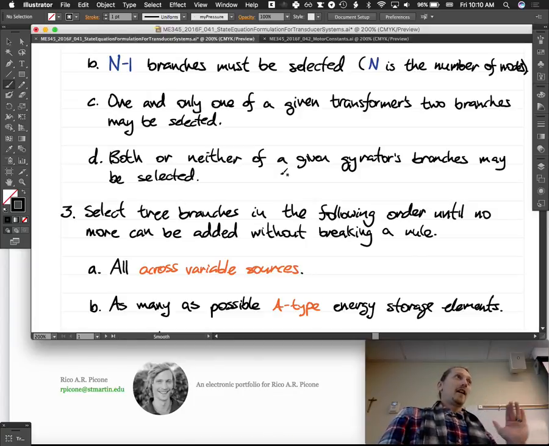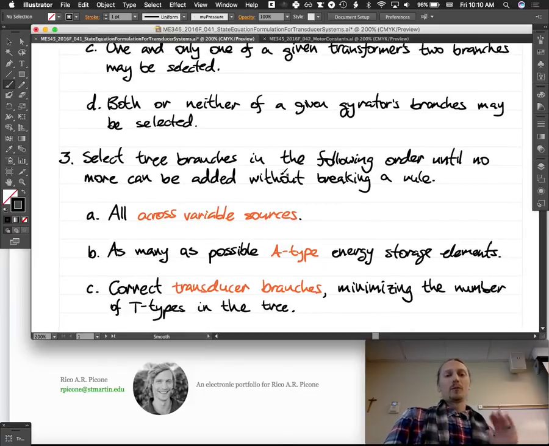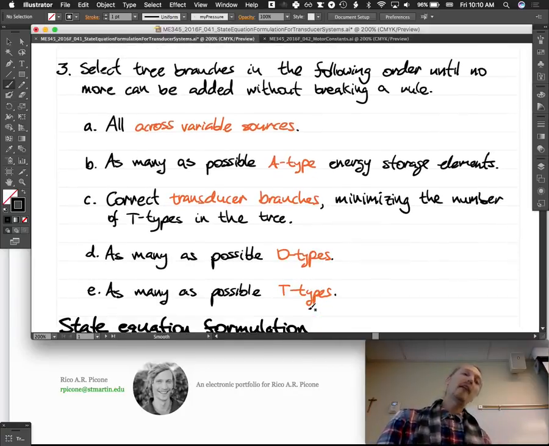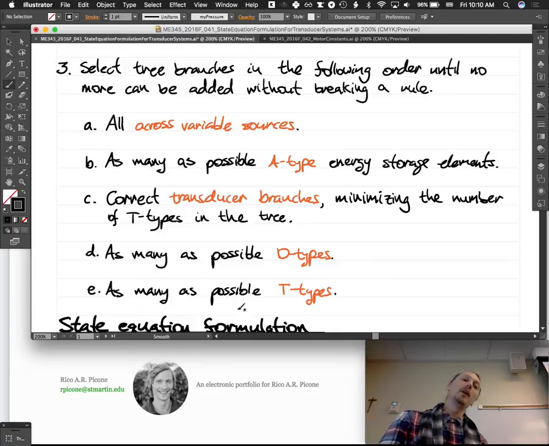And the caveat is where it's a little bit tough. The caveat is that we have to minimize the number of T-types in the tree. We haven't selected T-types yet. They're the lowest priority to get into the tree, and usually we don't put any in the tree, right?